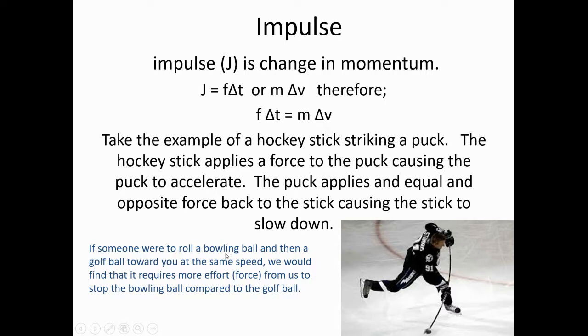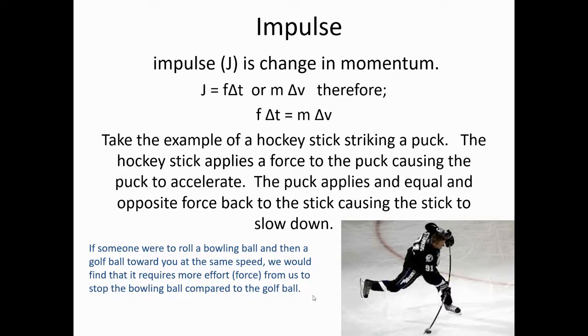It says, if someone were to roll a bowling ball and a golf ball at the same speed, it would require more force or effort to stop the bowling ball compared to the golf ball. Now we know that the bowling ball has more mass, therefore it has more inertia, and momentum is inertia in motion, versus a golf ball.